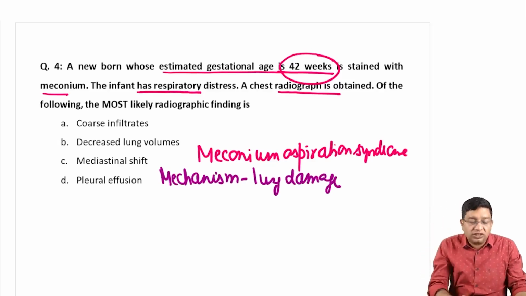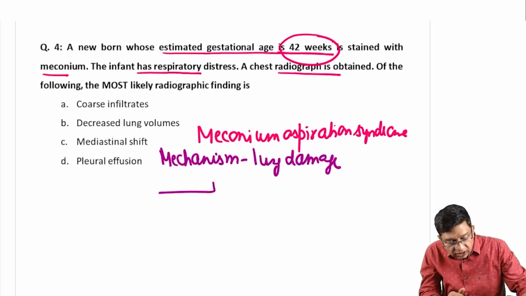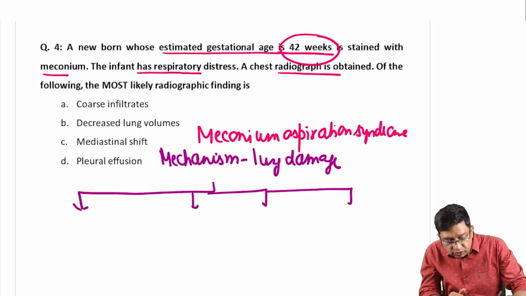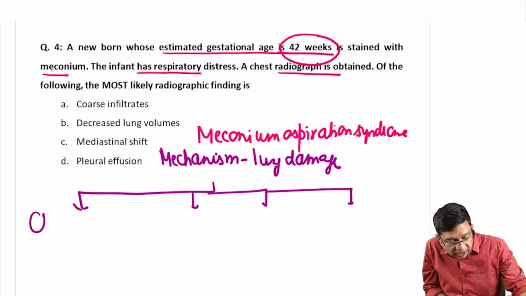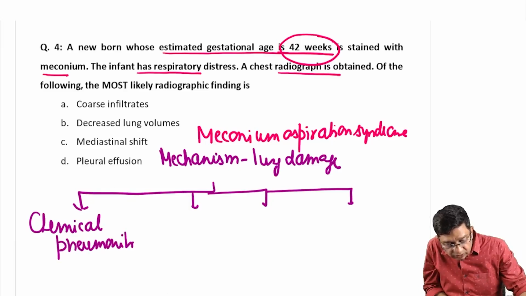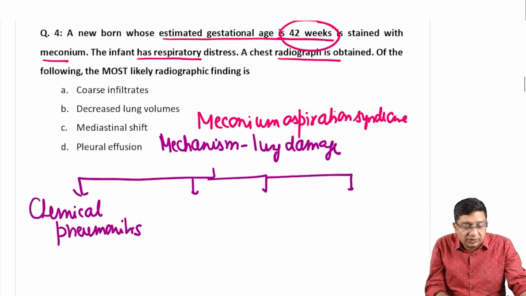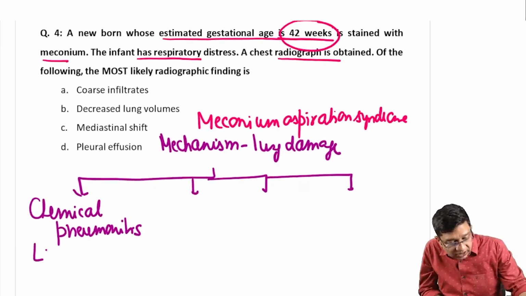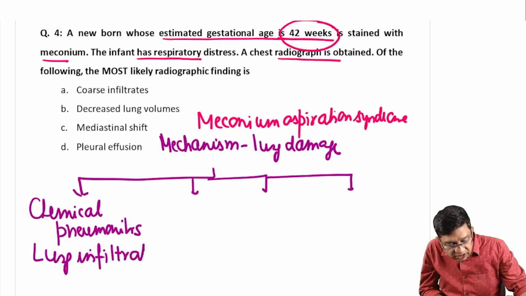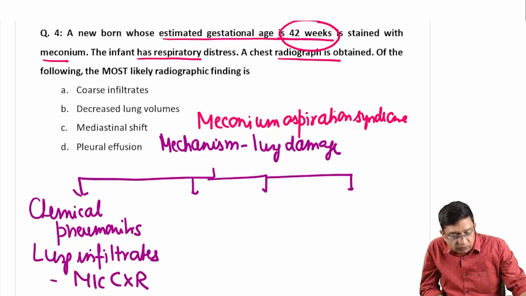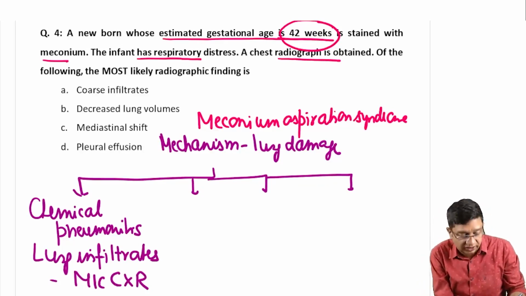If you look at the mechanism of the lung damage, this is a chemical. Any chemical can go in and cause chemical pneumonitis. And if there is chemical pneumonitis, there are lung infiltrates, which is the most common chest x-ray finding.